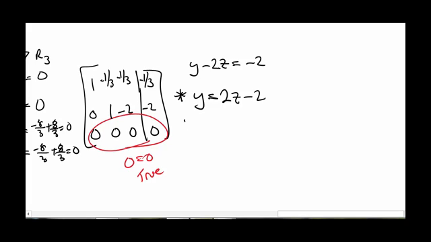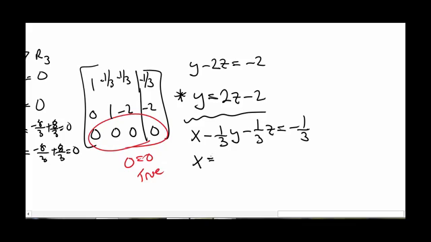What does the top row say? The top row says x minus 1/3 y minus 1/3 z equals negative 1/3. Okay, well, I'm going to isolate out x. So bring the negative 1/3 y and the negative 1/3 z over. So x equals 1/3 y plus 1/3 z minus 1/3.